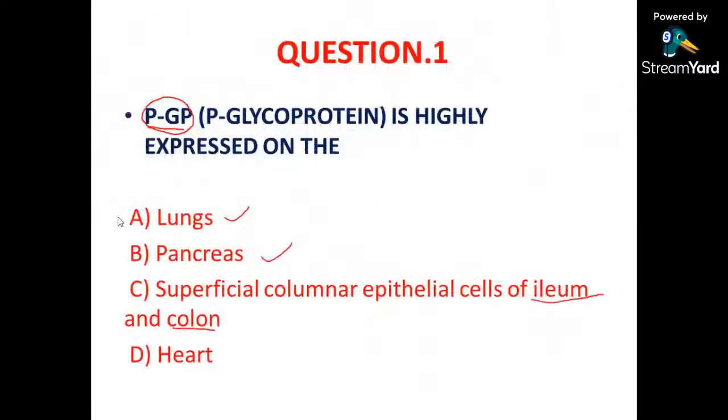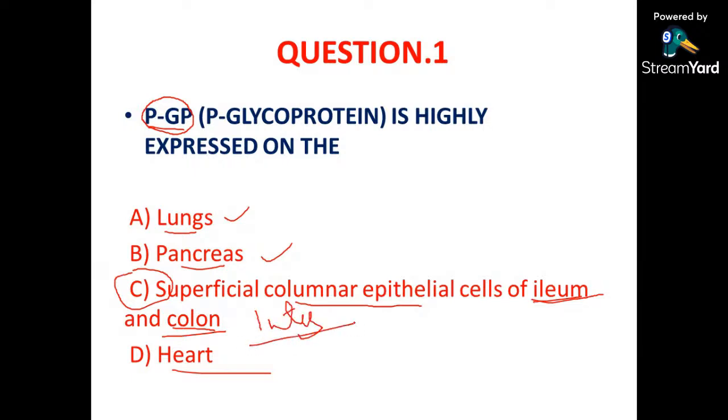P-glycoprotein. Let's go back to the question. Let me read out the question again. P-glycoprotein is highly expressed on which tissue? It is not that much present in lungs, it is not present in pancreas, it is not present in heart. It is mainly located on the columnar epithelial cells of ileum and colon. Ileum and colon are parts of the intestines.